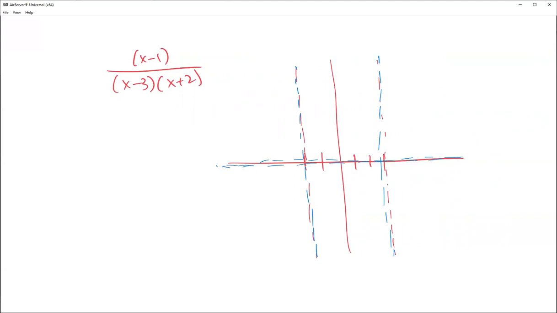So if you plug in like a negative 3, you will see that it goes this way. If you plug in a 4, you'll notice that it goes this way.